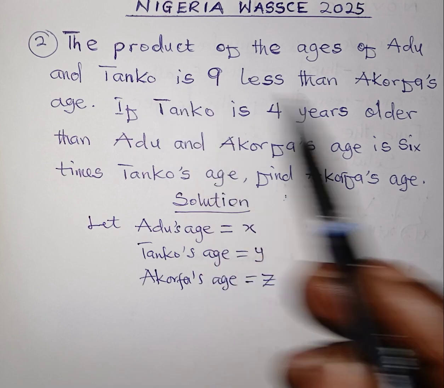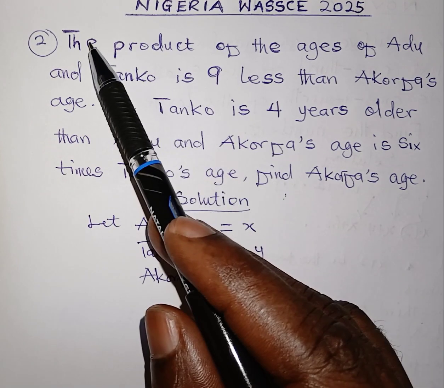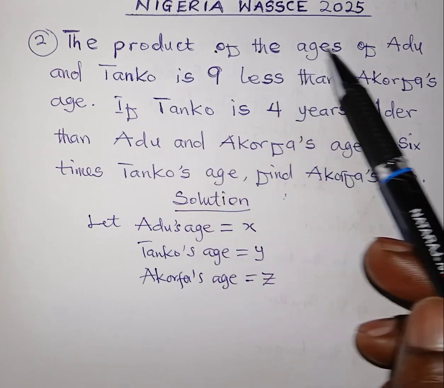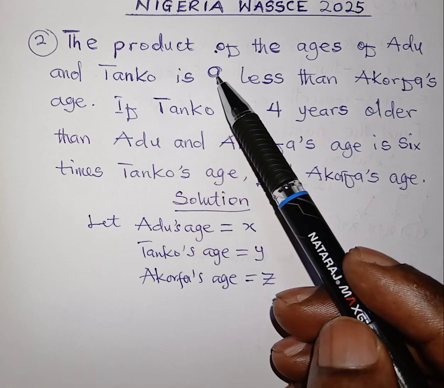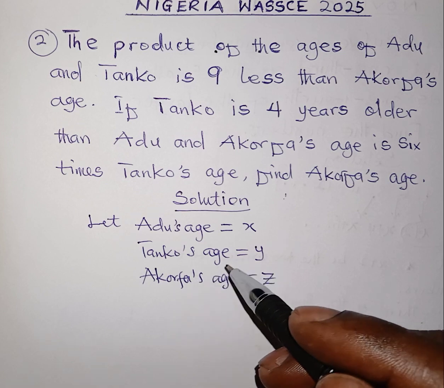Now, we are saying that the product of the ages of Edu and Tanko is 9 less than Akofe's age. When we say product, you know that product means multiplication.